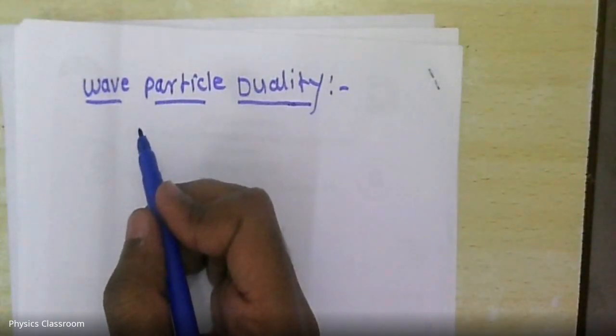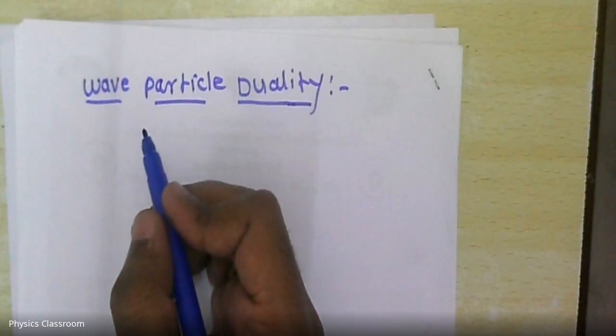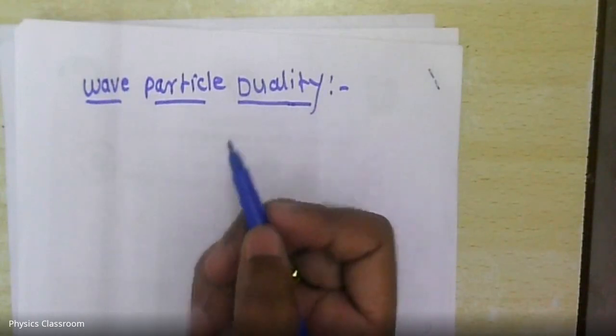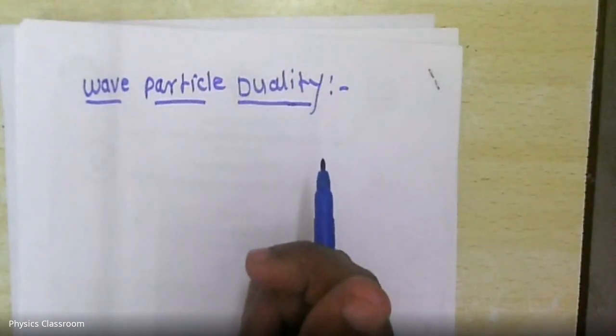Previously, I have stated the de Broglie hypothesis. In the de Broglie hypothesis, what did de Broglie state? Wave particle duality. But what are the previous origins of wave particle duality?